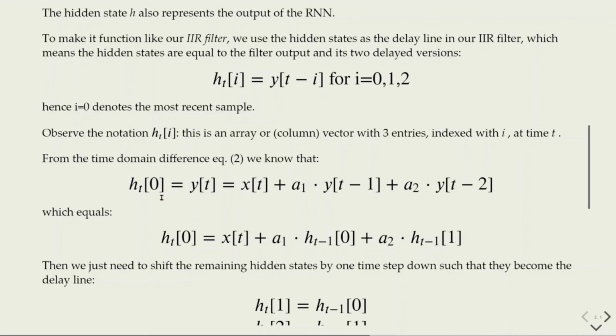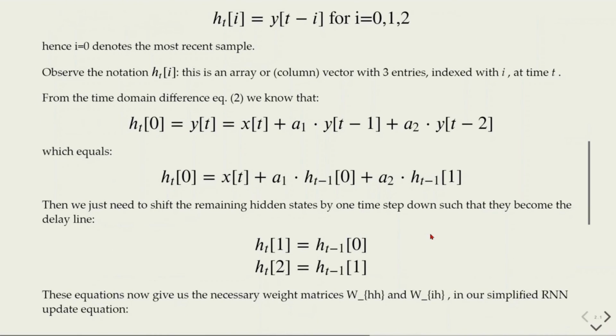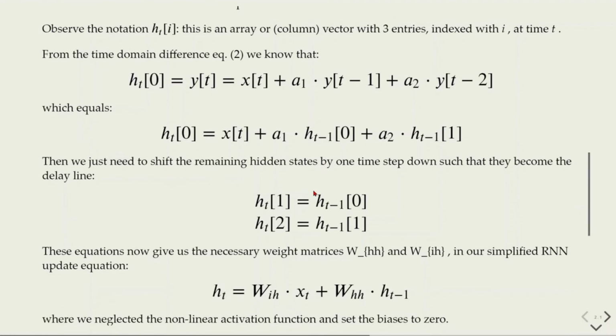And then we have this equation here now without the y of t, but we have the h_t of 0. Then we just need to shift the remaining hidden states by 1 time step down such that they become the delay line. So h_t of 1 will be equal to h_{t-1} of 0, and h_t of 2 will be h_{t-1} of 1.